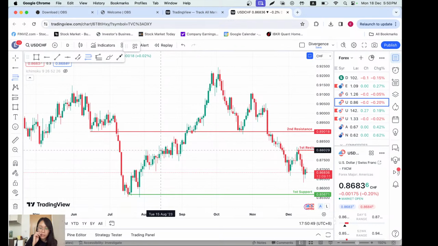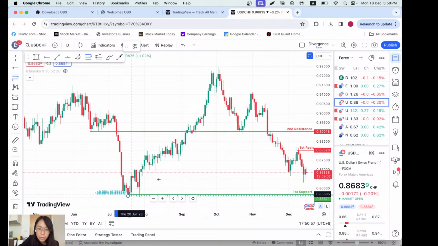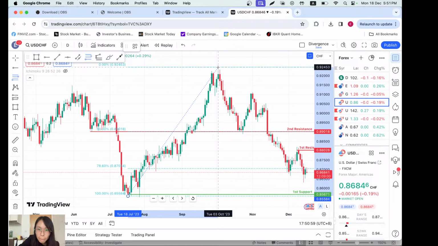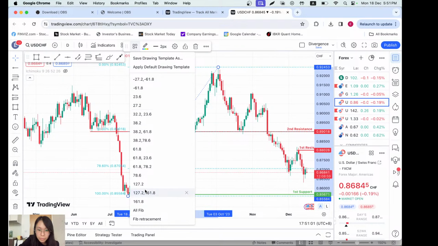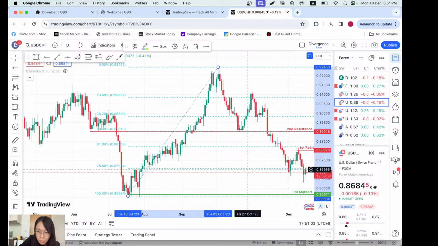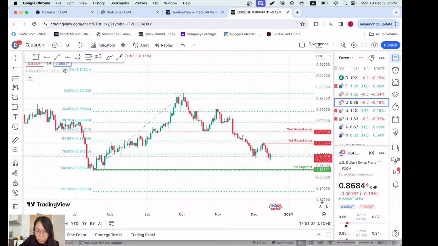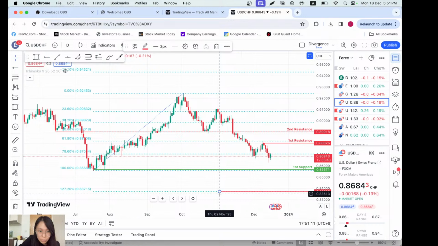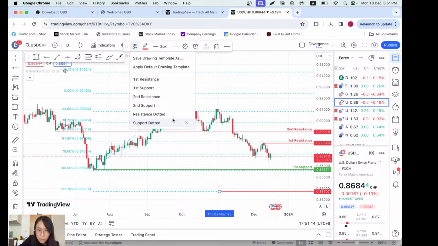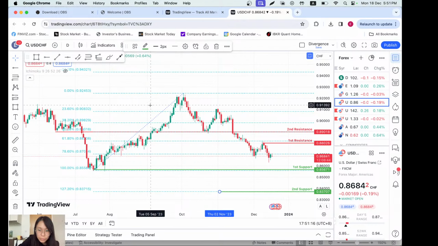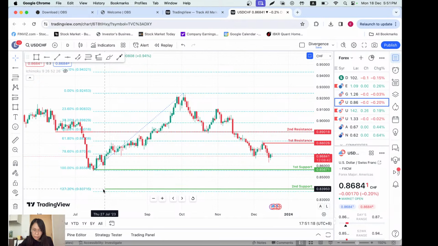So I'm going to see if there's any extension or expansion. Okay, there is a 127.2 expansion here, so I'll be using this for my second support.